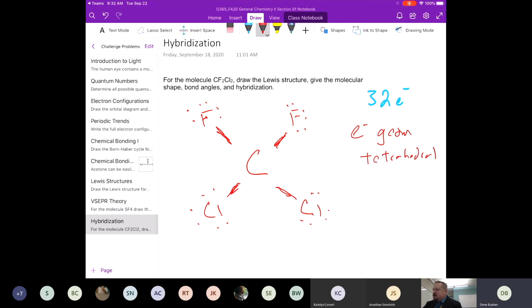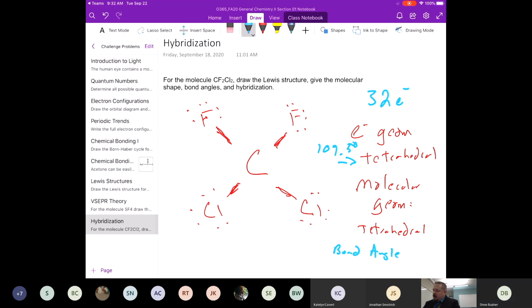There are no lone pairs, so our molecular geometry is also going to be tetrahedral. And for this electron geometry, we would say that the bond angle is 109.5 degrees. There are no lone pairs, so then the bond angles down here are going to be 109.5 degrees as well.